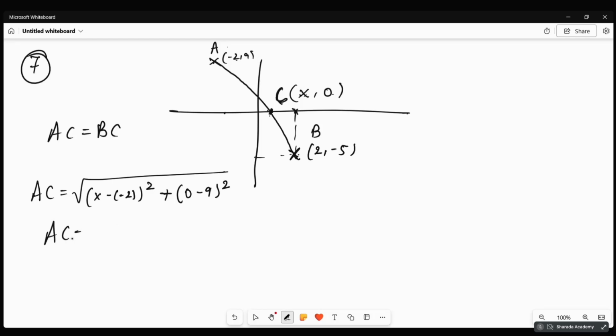So AC is equal to root of x plus 2 whole square plus minus 9 whole square. Okay, this is AC.